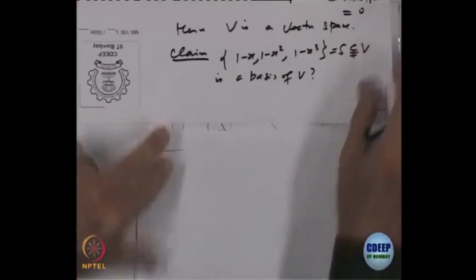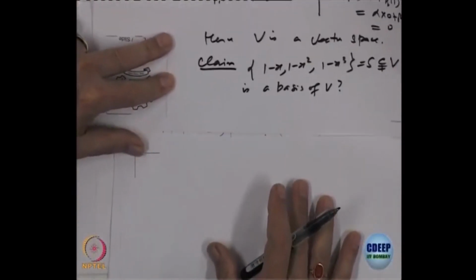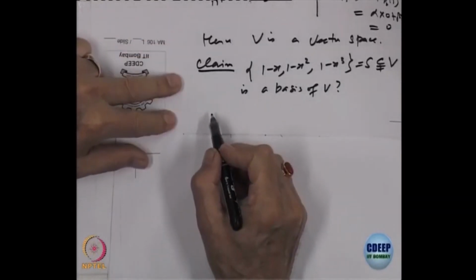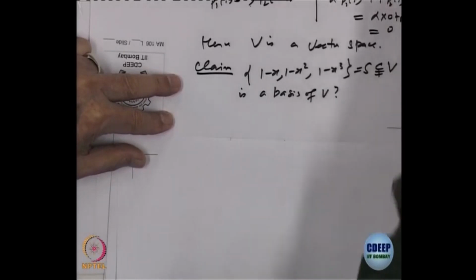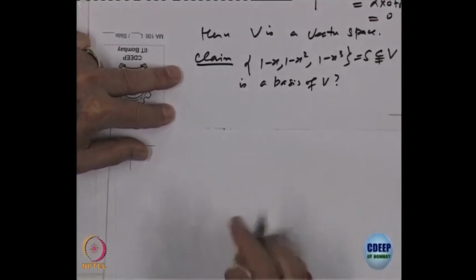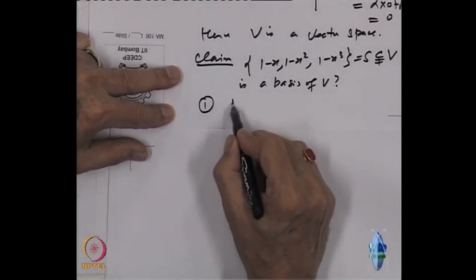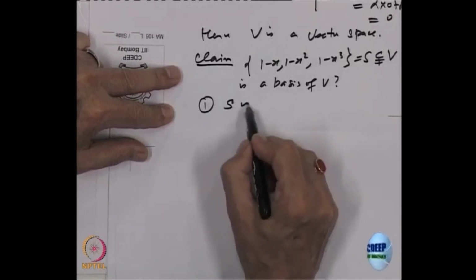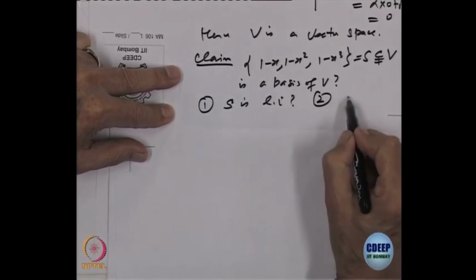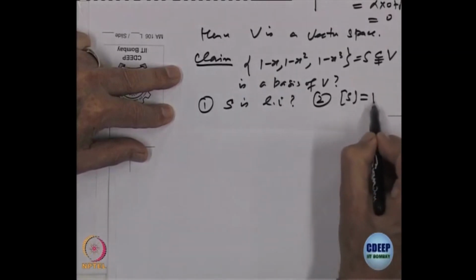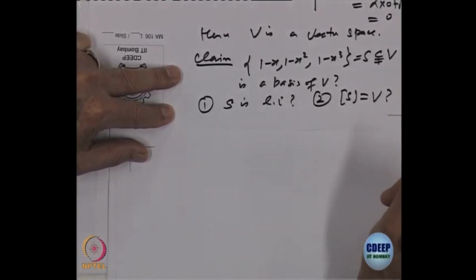Now the claim is that it is a basis. So, what is the first thing we should check? What are the two things to be checked? One, this set S is linearly independent, and second, it generates V. These two things are to be checked. So, let us check both of them one by one.